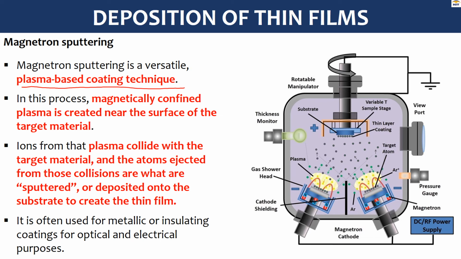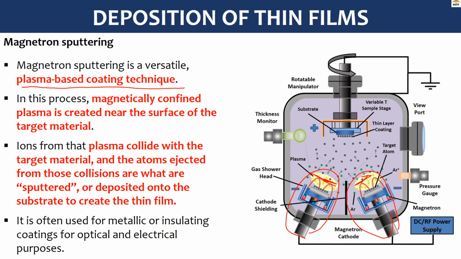Here you've got your cathode magnetron. Ions from the plasma, this is your plasma here, collide with the target material.